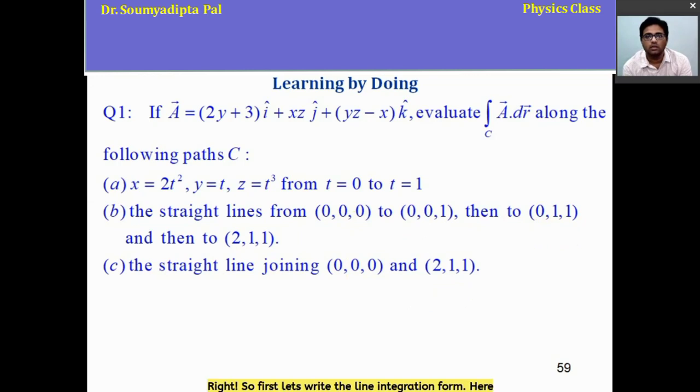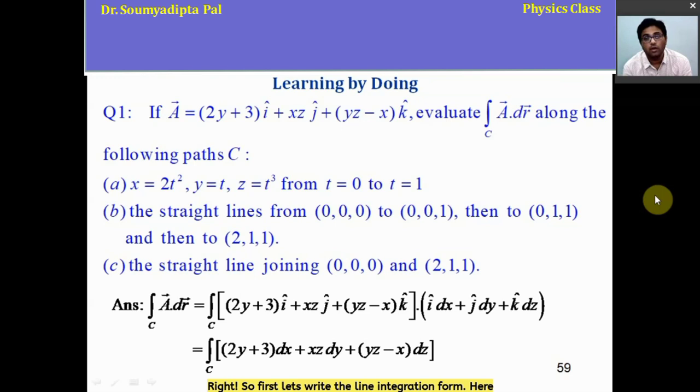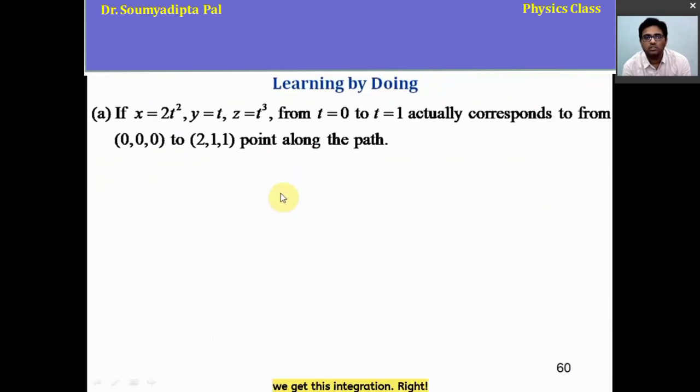Right? So first, let's write the line integration form. Here the vector field A is of this form and dr is i dx plus j dy plus k dz, which is the elemental length along the curve. And after the dot product we get this. Now putting the forms of x, y and z in terms of t, we get this integration.